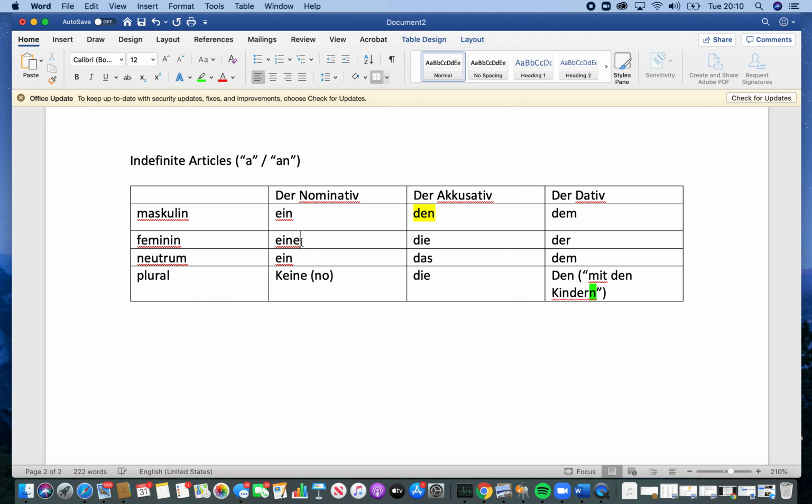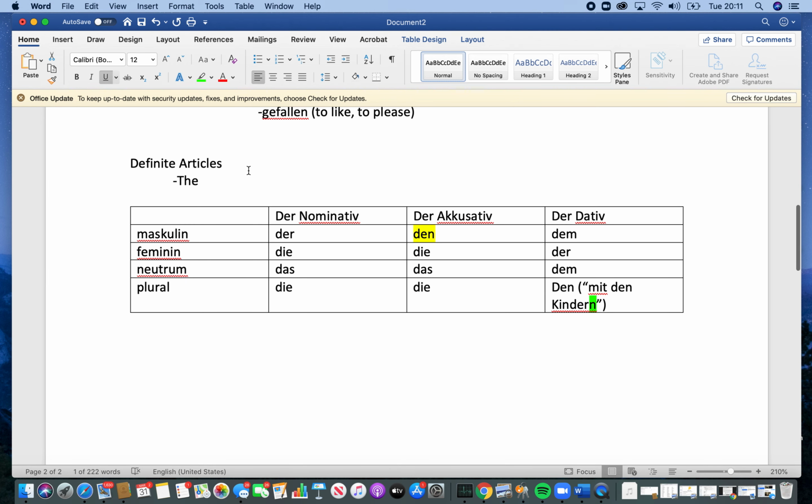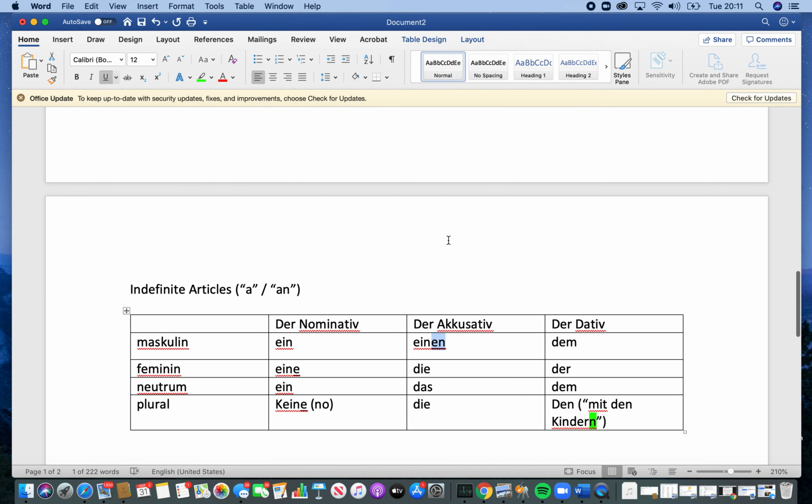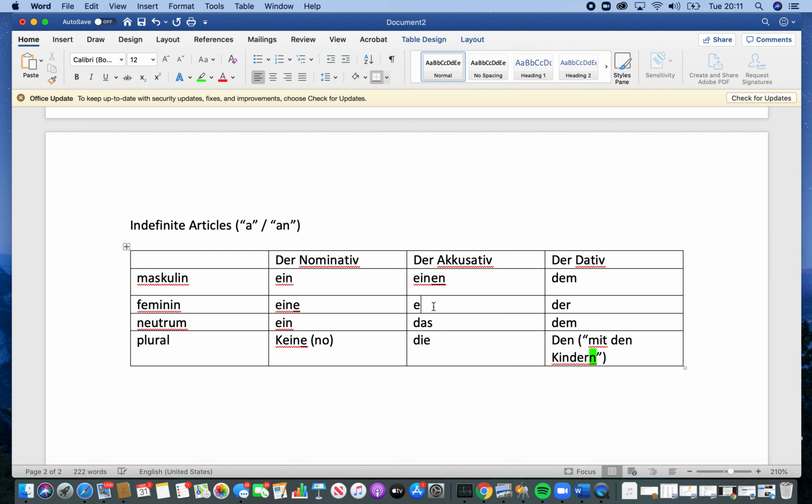And our endings here, I'll put a little underline under. We've got these e's for feminine and then the die plural. Accusative, as with the definite articles, we're only making one major change, and that is for masculine, einen. We're going to get the same 2 letters ending the word as we have with our definite article, so den, einen. Die bleibt eine, das bleibt ein und Plural keine.